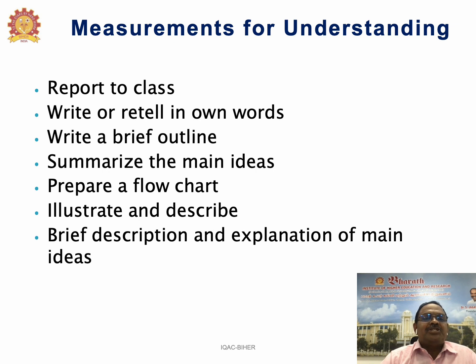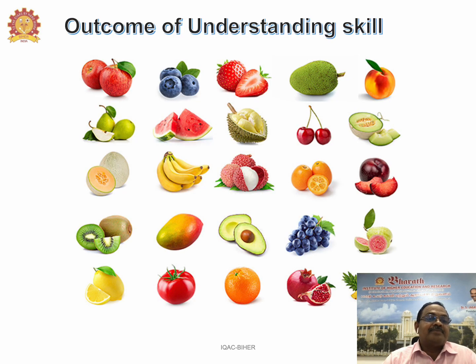How do we measure the understanding level? Different types of assessment are available for understanding: report to class, write or retell in your own terms, write a brief outline, summarize the main ideas, prepare a flow chart, illustrate and describe, and give a brief description and explanation of the main ideas.